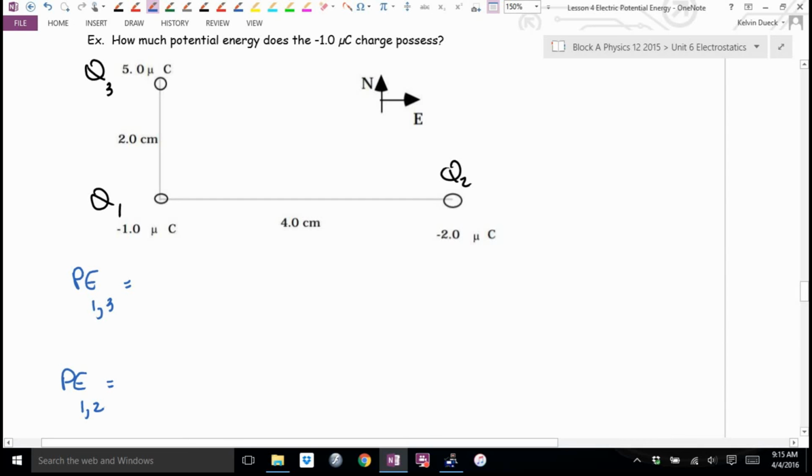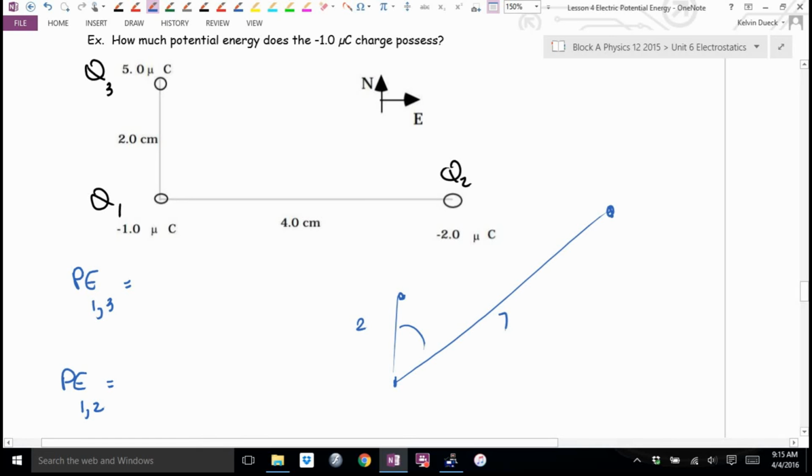Are there angles here? So how am I going to add them? No. It's a scalar. What do I care about angles? I'm just going to add them up. No trig. Smile, this is your present. In fact, on the provincial, they would give something like that, charge 1, charge 2, and put charge 3 way out here, and they wouldn't give the angle, and kids would spend hours trying to figure it out.